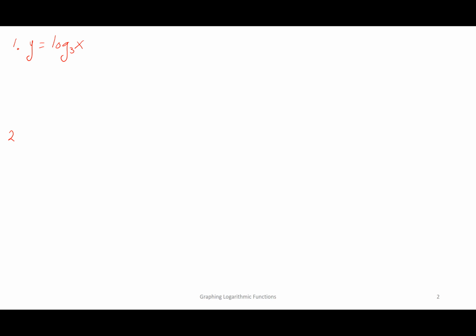Number 2, y equals log base 5 of x plus 1. Number 3, y equals log base 3 of (x plus 2). Number 4, y equals negative log base 3 of x minus 2.